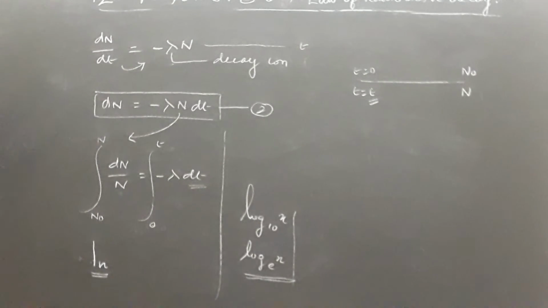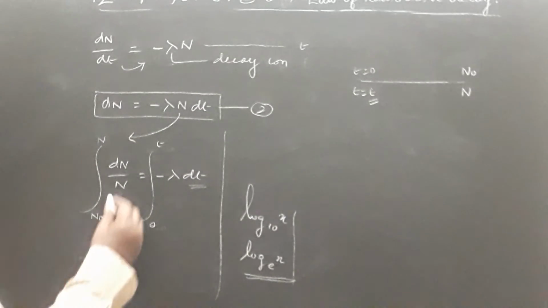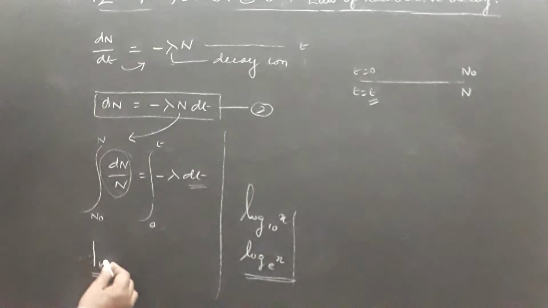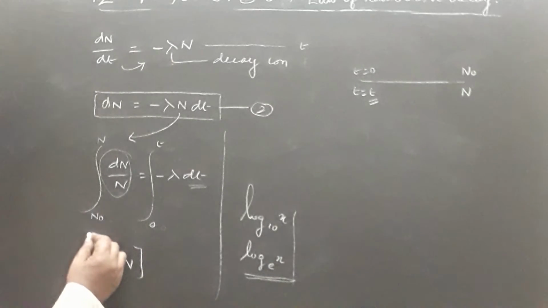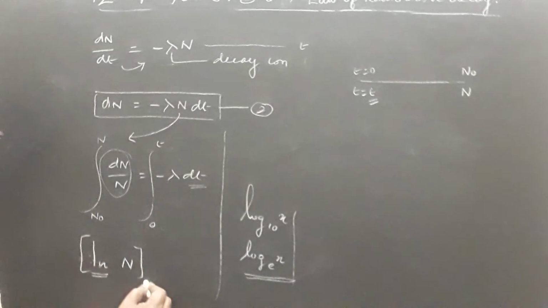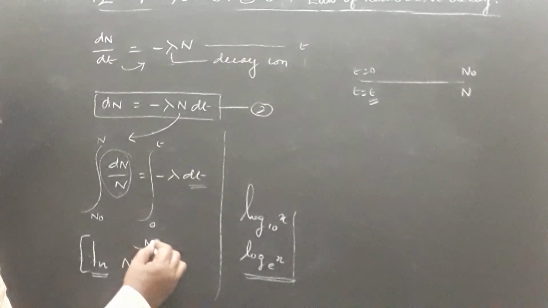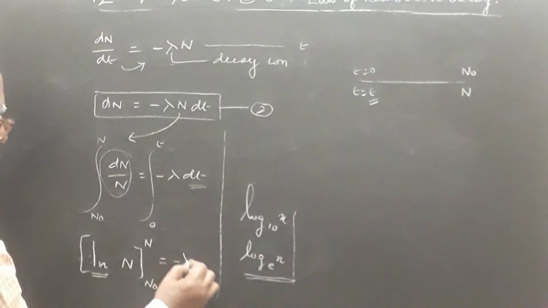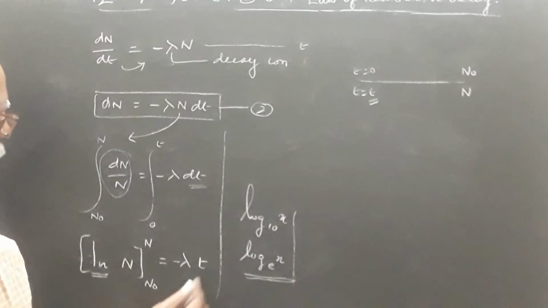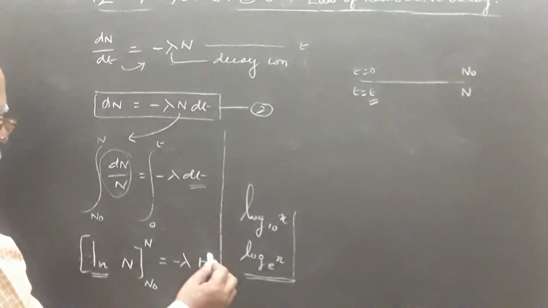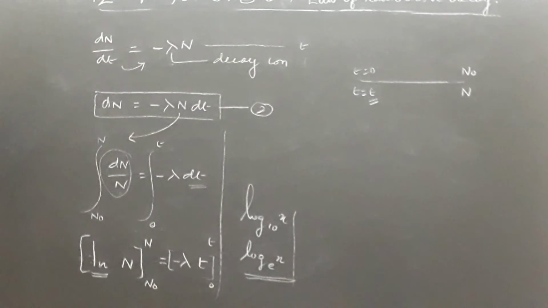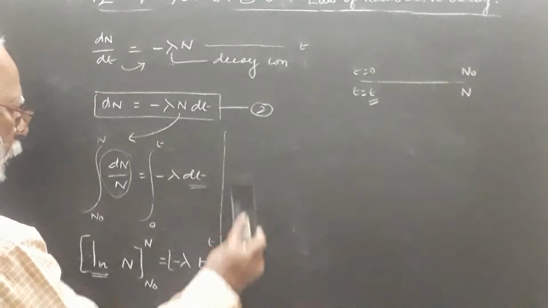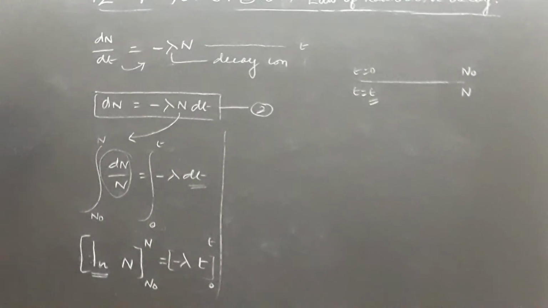So the integral of dN by N is natural log of N, and we apply the limits N naught to N, equal to minus lambda into t, with 0 to t. This is the textbook method. It is also very easy.